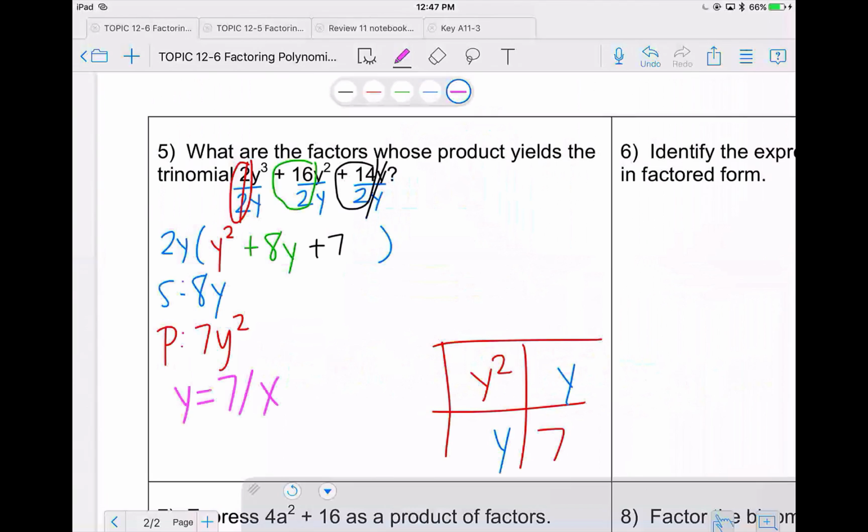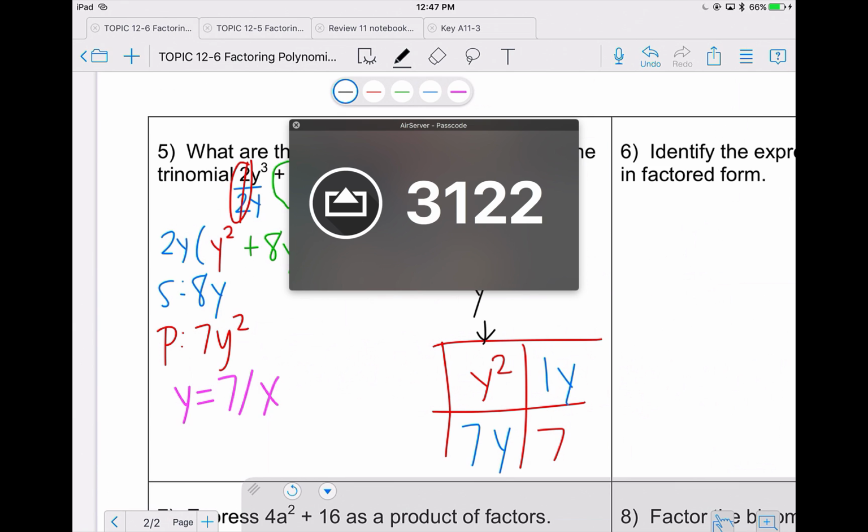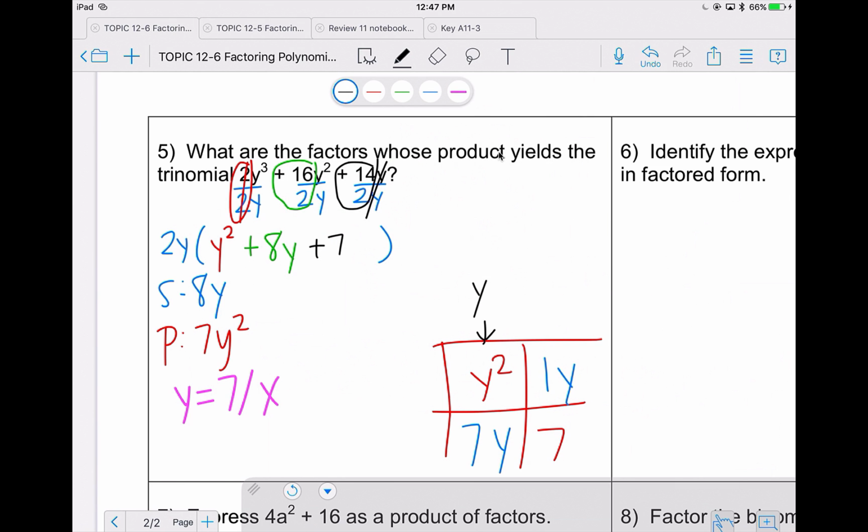So those are going to be my two numbers. I have a positive 1 and a positive 7. Looking for my GCFs down the column, y squared and 7y share a y. 1y and 7 just share a 1, meaning they don't really share that much, but you can always share a 1. Y squared and y share a y. 7y and 7 share a 7. So my two factors would be y plus 1 and y plus 7.